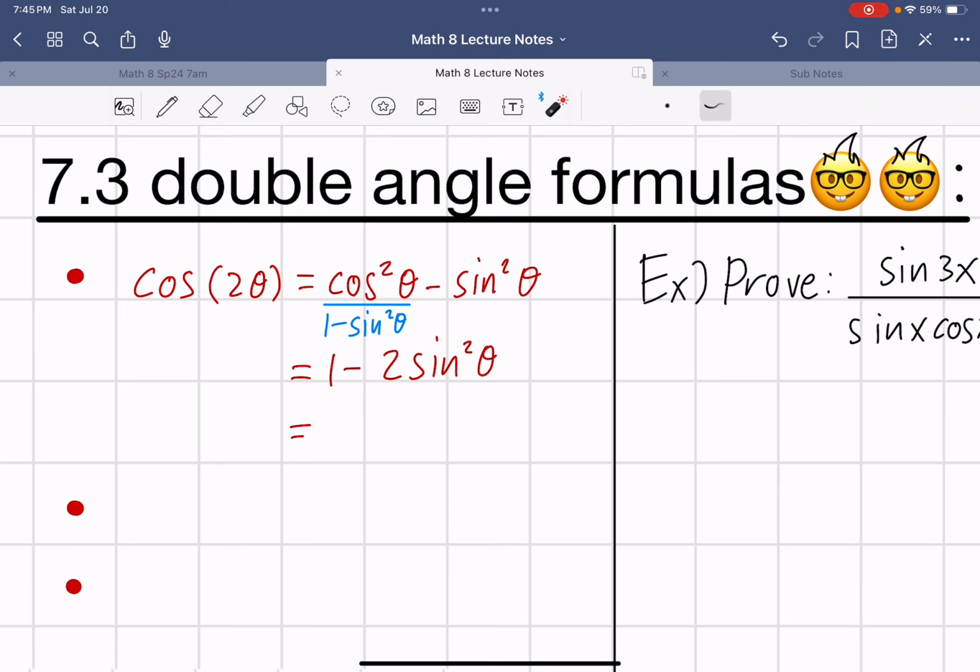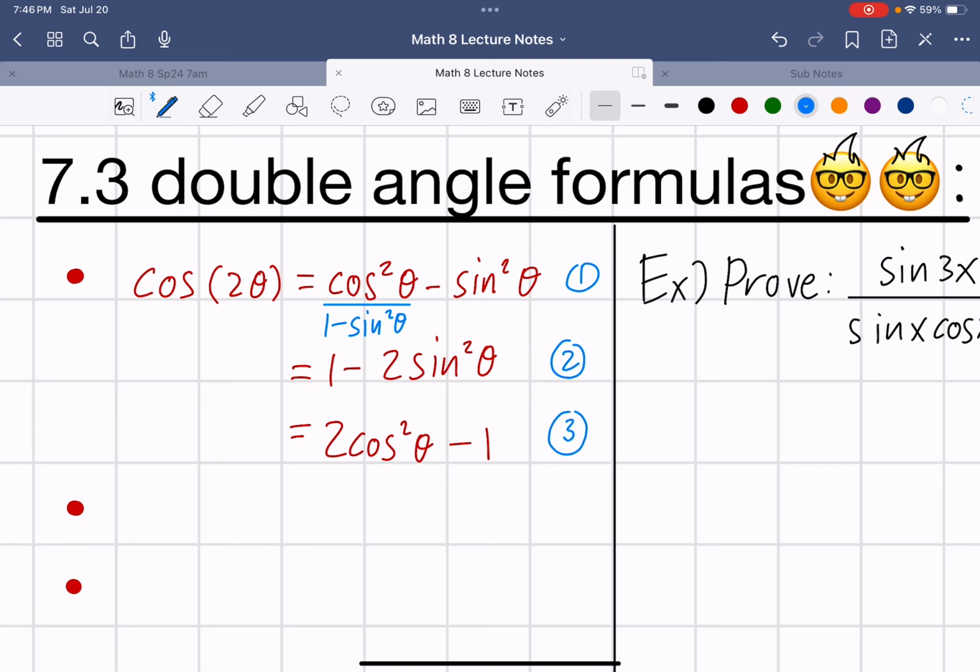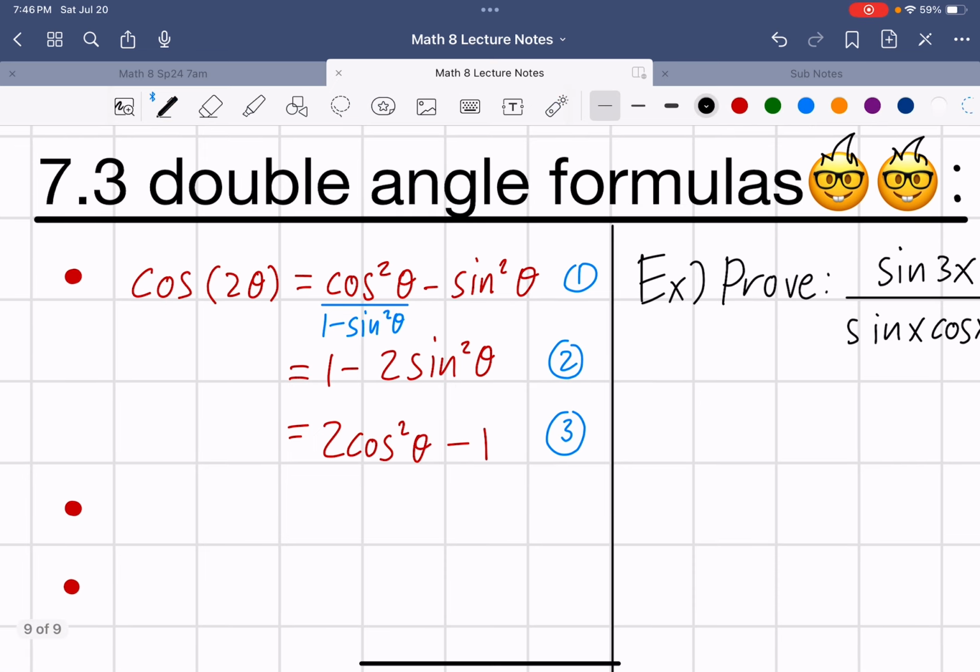Or I can rewrite sine squared as 1 minus cosine squared using the Pythagorean identity, and it'll give me a third version of this double angle, which would be 2 cosine squared theta minus 1. So we have one version here, version 2, version 3. They're all equivalent to each other. It's just being able to manipulate to what you need.